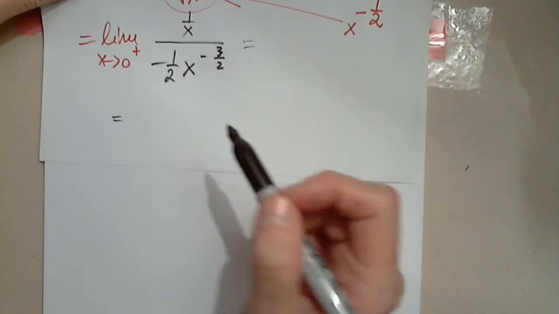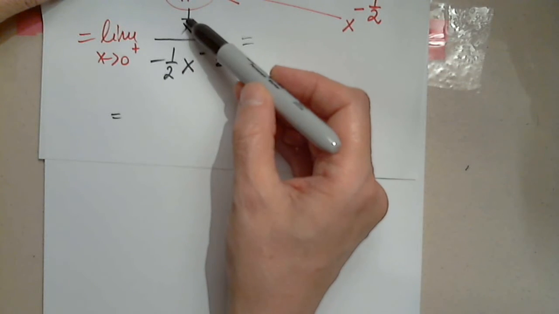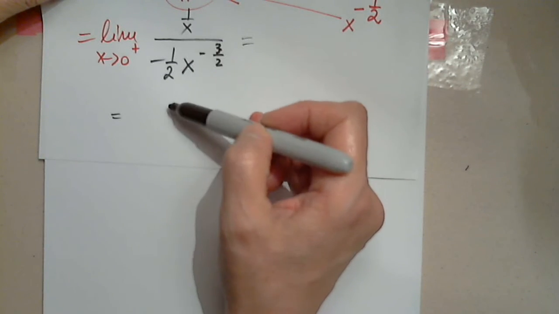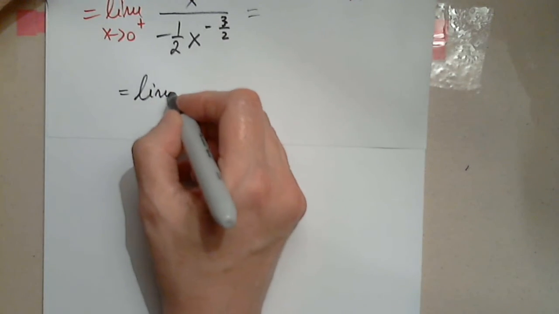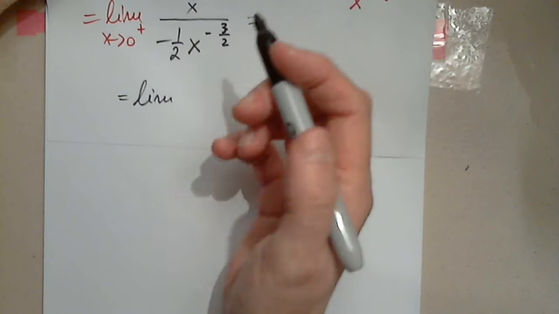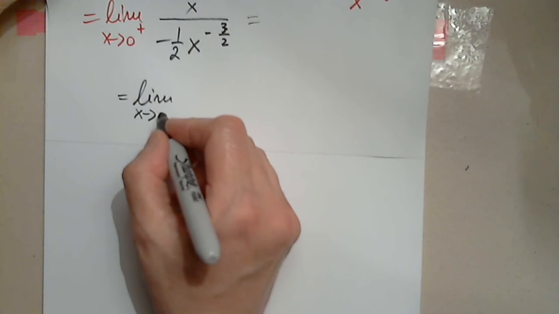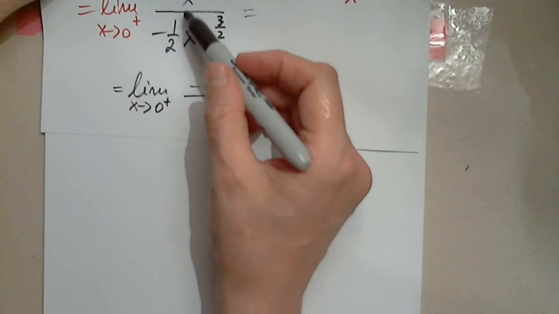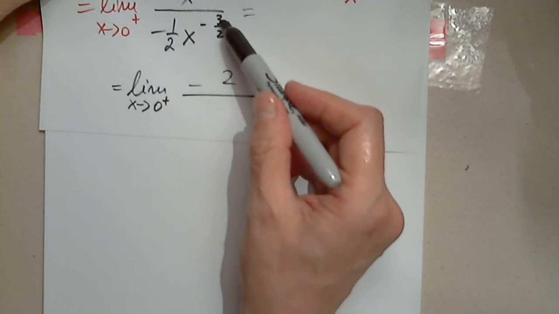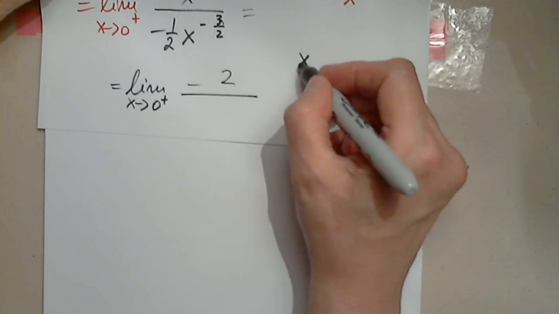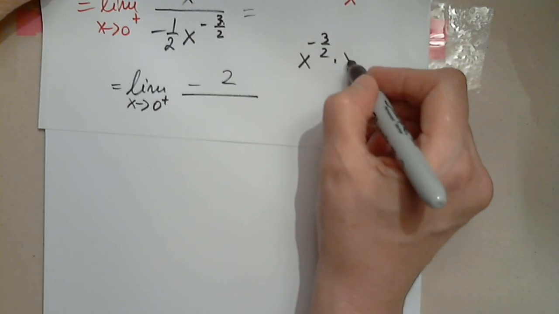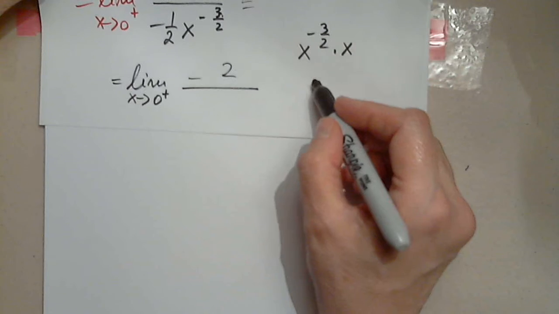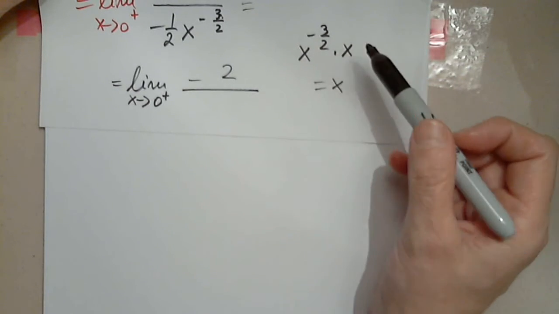Luckily, this 1 over x will come to the denominator as well, and the negative 2 will go to the top. So negative 2 in the numerator, and then I have x to negative 3/2 multiplied by x. Copy the base and add the exponents.